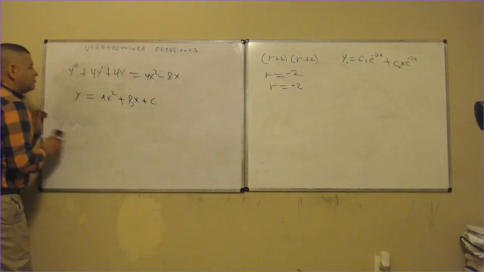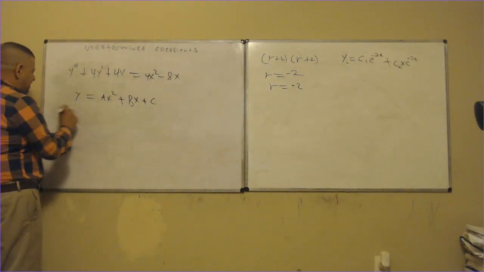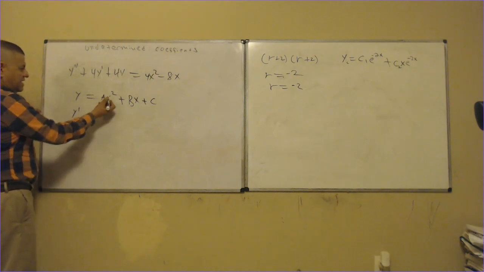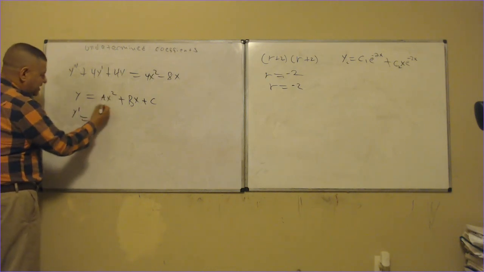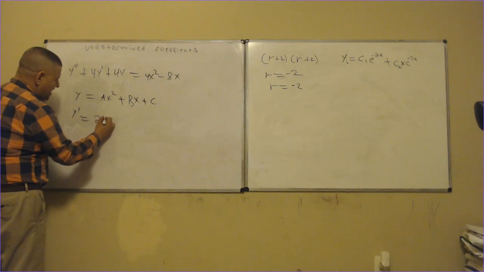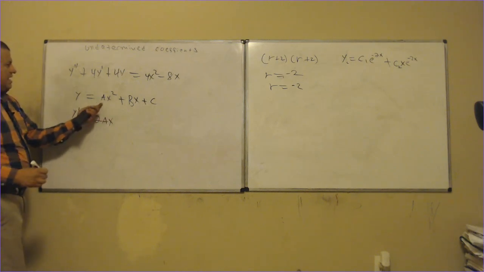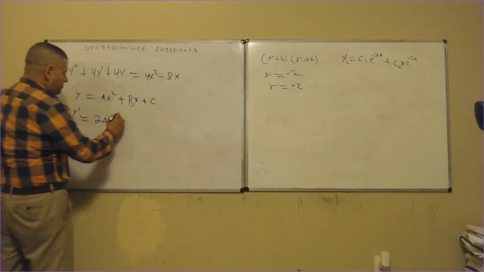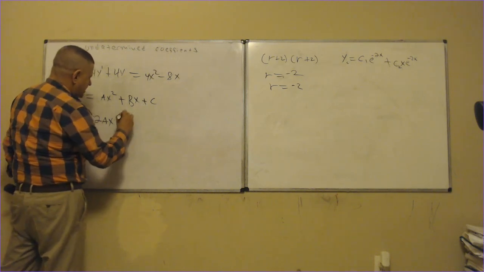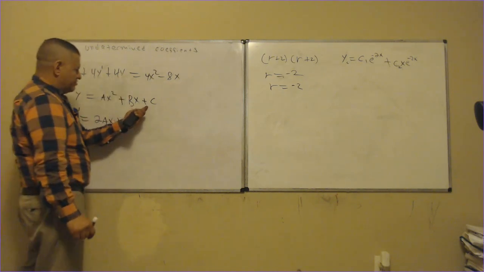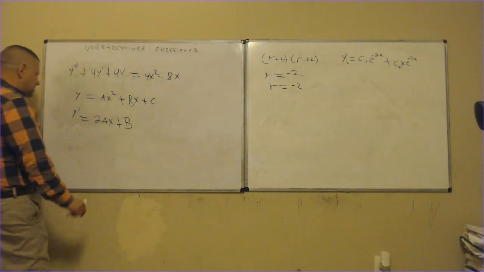Now let's do the derivative. What's the y prime of this? I bring this in front and I get 2ax, and then the derivative of this is plus b, and that's it. The derivative of the constant is 0, so I don't worry about it.